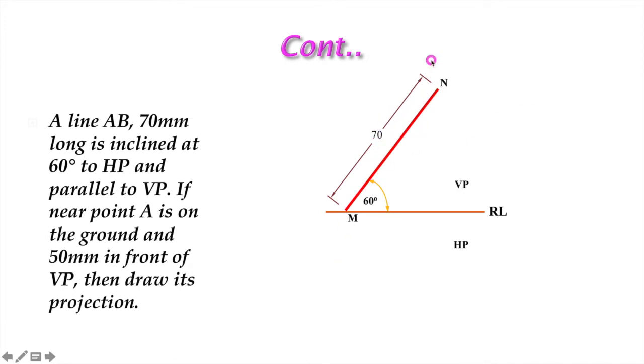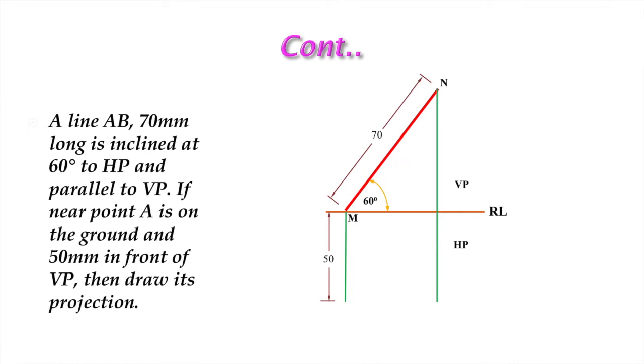Draw it. Now from M and N, draw the projection lines, means the vertical lines, perpendicular to reference line. Draw the projection, and it is parallel to VP. So we are getting the true length here.